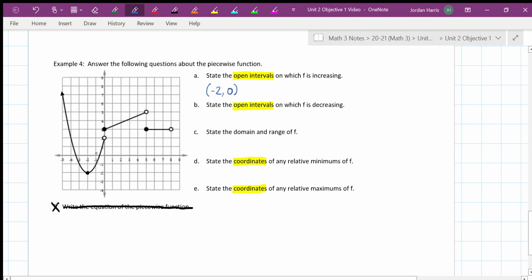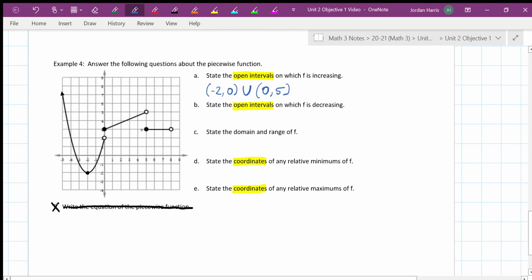Okay, and then it has a gap, so we're not going to include that, so we put a U. And it's actually increasing again, right? From 0 to 5. Talking about x coordinates, -2 to 0. Then it has a little gap, but then it picks right back up from 0 to 5.